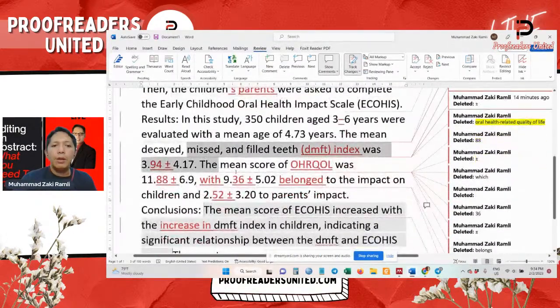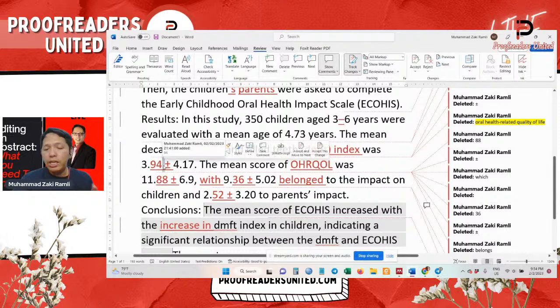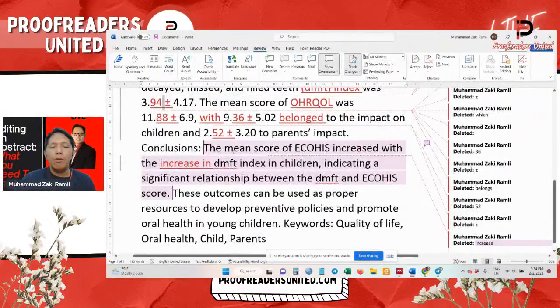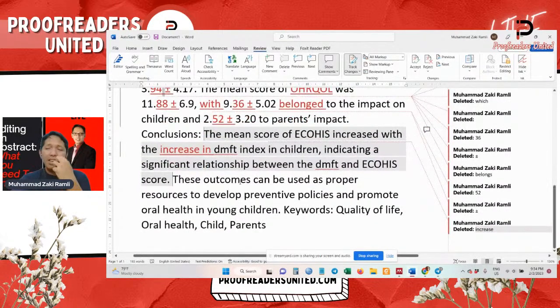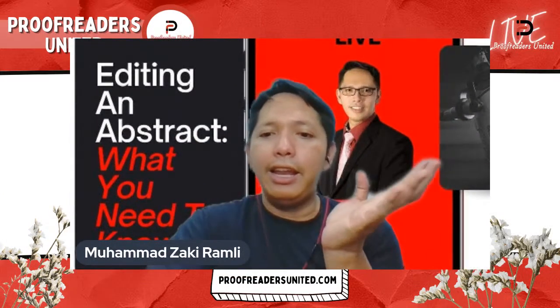And there are a few others that we have already touched, especially the using of n dash and m dash. You can read a lot more about n dash versus m dash on the grammarbook.com portal that I shared earlier. And there are a few others with regard to the content, where we have to read the whole document so that we can improve the sentence better. Okay, that's basically a few points that I would like to highlight when we edit an abstract.